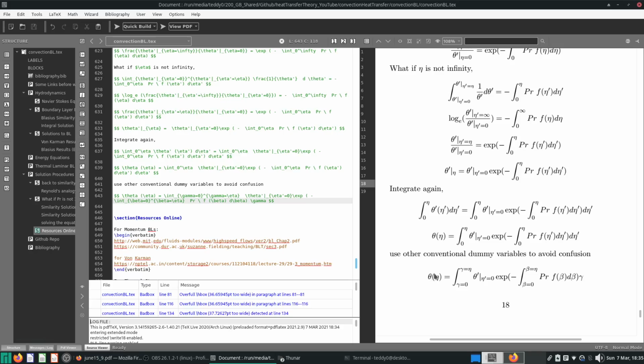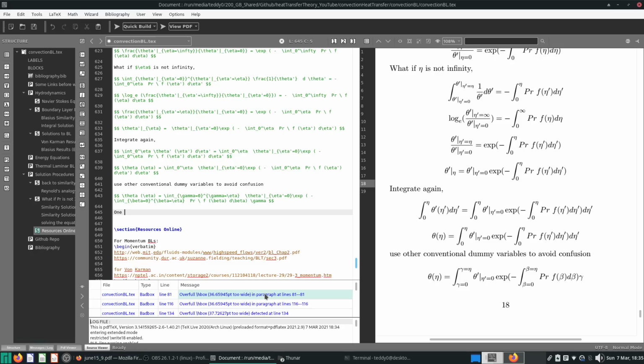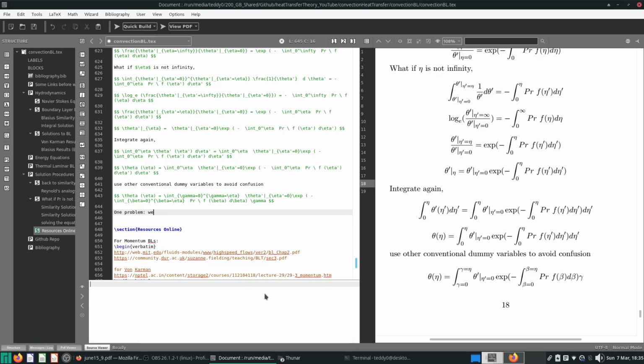So you get a dimensionless temperature. One problem though. We don't know what theta prime at eta equals 0 is.